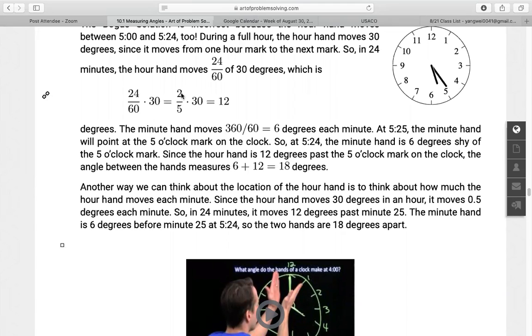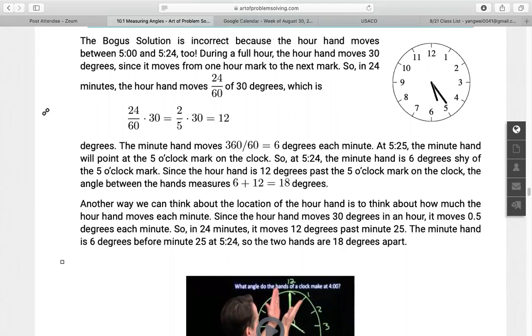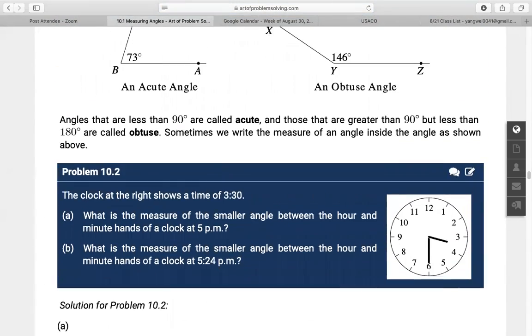You simplify this one, that's 2 over 5, then times 30, that gives you the hour hand movement, 12 degrees. Then you add 360 divided by 60, that gives you 6 degrees for the minute hand. Then 6 plus 12 is 18 degrees, okay? So this one is a little bit hard, okay?